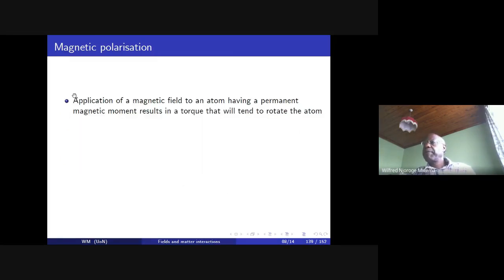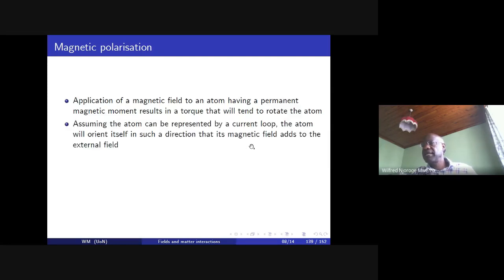So when we apply the magnetic field to the atom that has a permanent magnetic moment, there will be an interaction between the magnetic field of the atom and that of the applied field, and therefore a torque will be established that will tend to rotate the atom about an axis as it tries to align with the applied field.